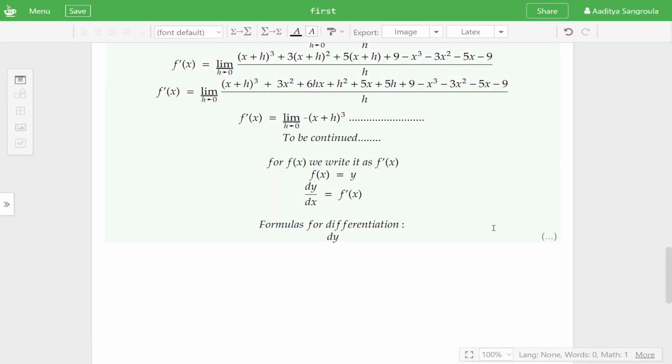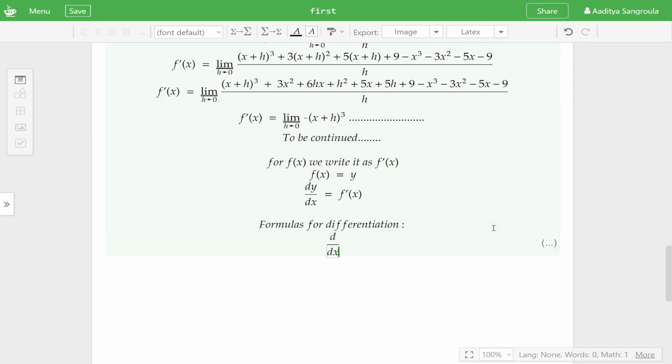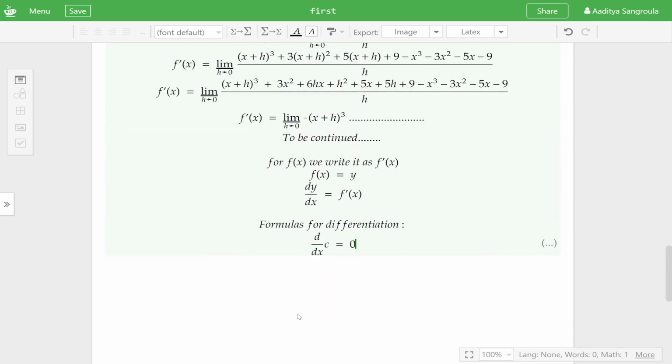So d over dx of c is, what is it? 0. The derivative of a function that gives a constant output is 0. So y is equal to c here, then f of x equals c. Whenever we put in x, the function has the same value, which means there is no change. The line is just parallel with the x-axis, so there is no slope.